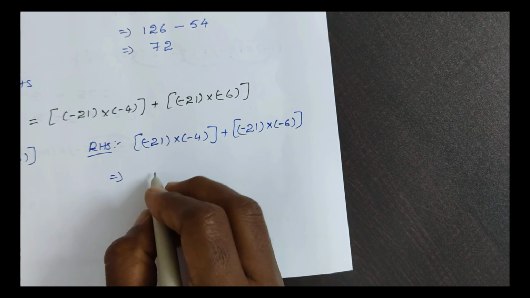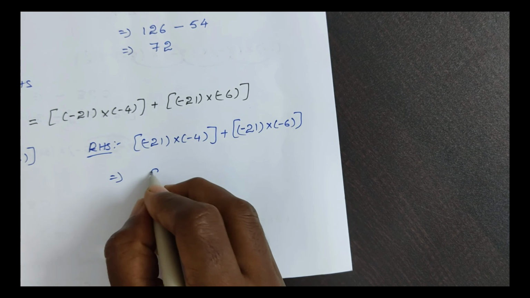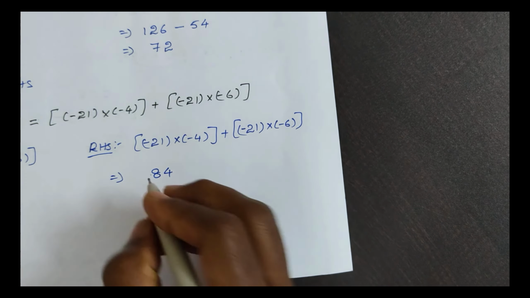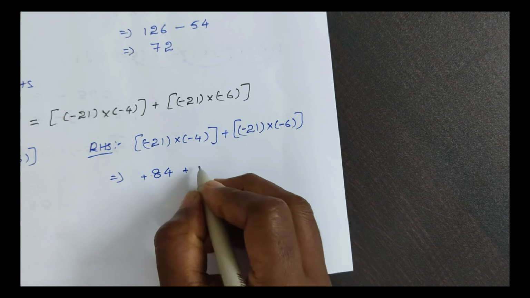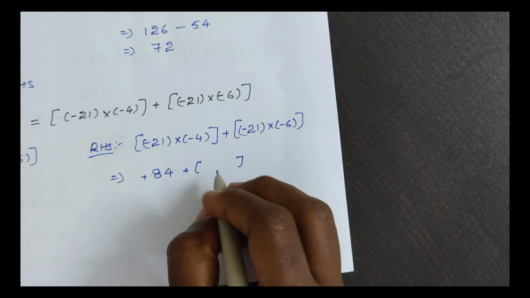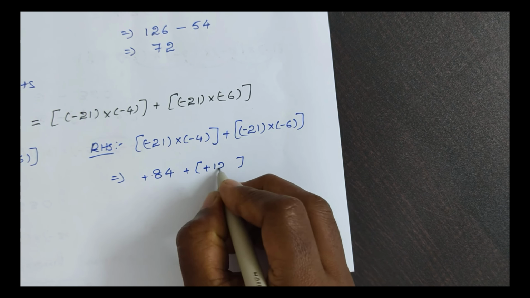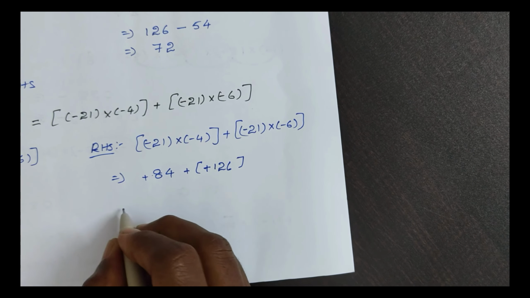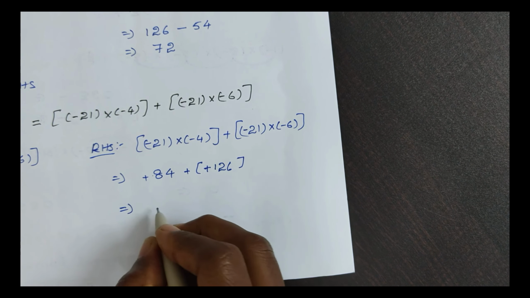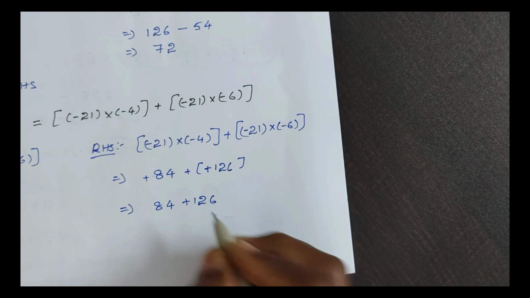Both are negative, so when you are multiplying that, minus into minus, it is plus, and it becomes plus 84. And here in the bracket again minus 21 into minus 6. Both are negative, so plus 126. So if you add it both, that is 84 plus 126.